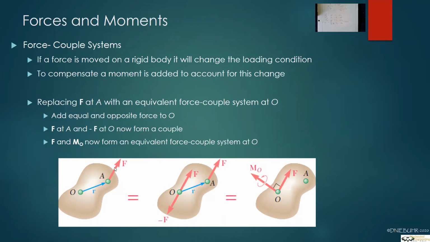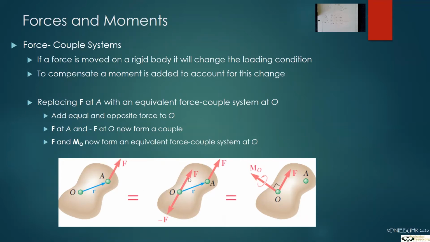Now, we can't just move the force from here to here because that's going to change the loading state of this. We want to move the force from A to O without changing the loading, without doing anything external to it. So first, you add an equal and opposite force of the same magnitude to O. Now if you sum the forces in the X and the Y here, and you sum the forces in the X and the Y here, they're still equivalent because these two cancel.